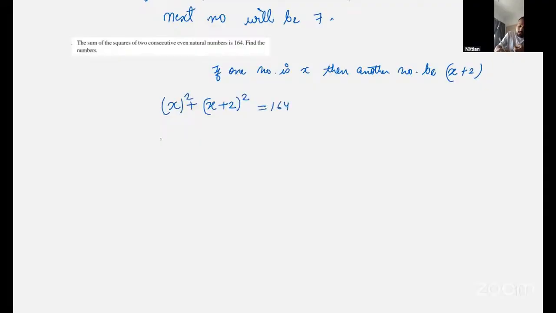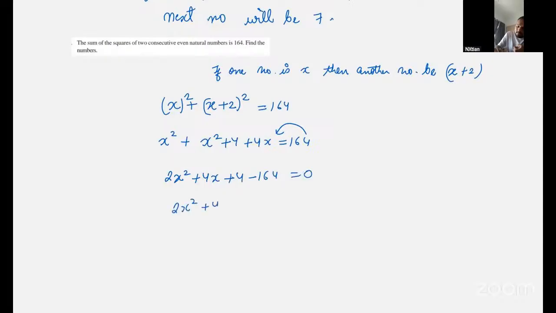Now you have to do this: x squared plus x squared plus 4 plus 4x is equal to 164. I will bring it to the left side: 2x squared plus 4x plus 4 minus 164 is equal to 0. So 2x squared plus 4x minus 160 is equal to 0. I got this equation. Abraham, did you understand?